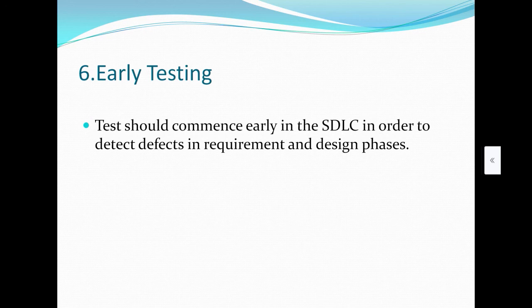It says that testing should commence early in the SDLC, the software development lifecycle, so that we can detect defects in the requirement and design phases. We start testing as soon as the requirement or design phases start, so we end up detecting more defects early in the life cycle.